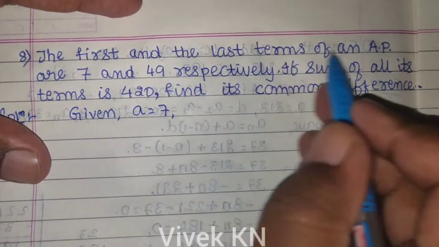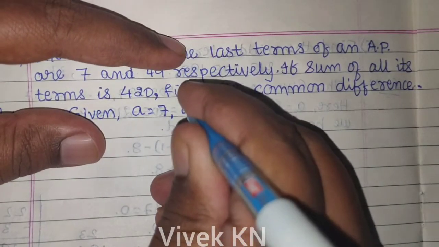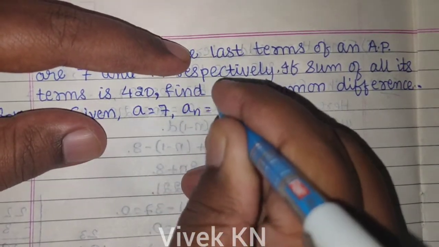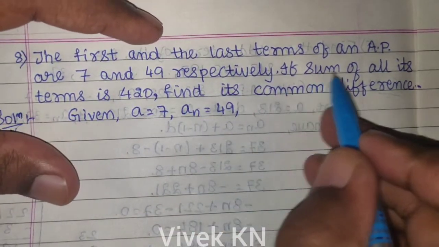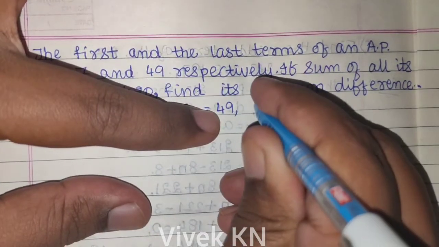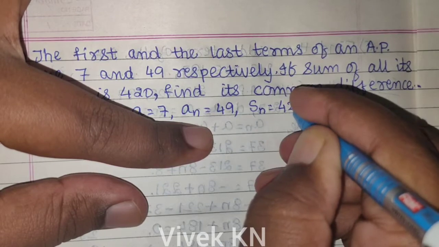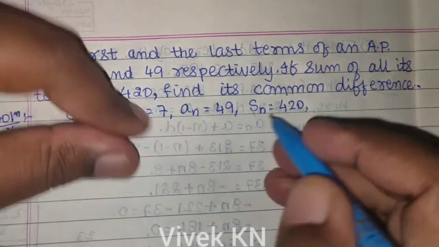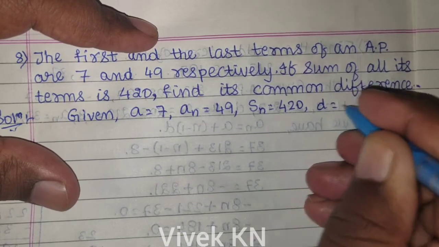The last term of an arithmetic progression is 49, that is an is equal to 49, and the sum of all its terms is 420, that is Sn is equal to 420. Now we have to calculate the common difference, that is d.